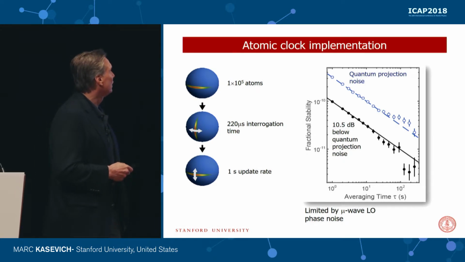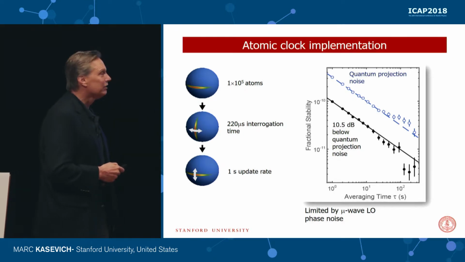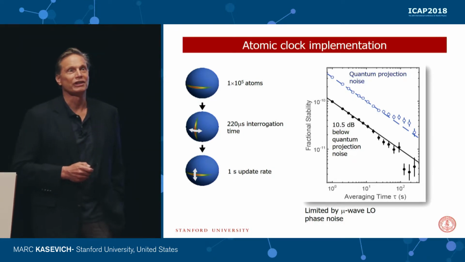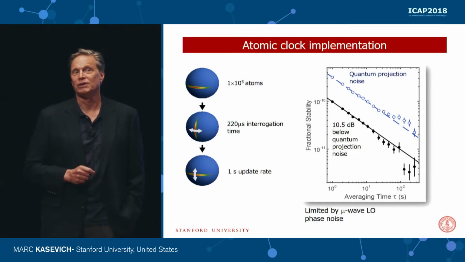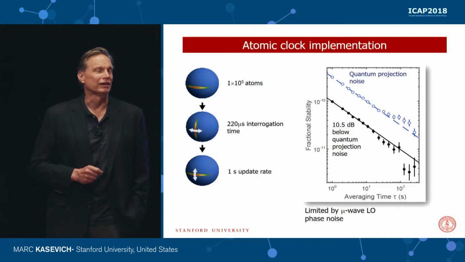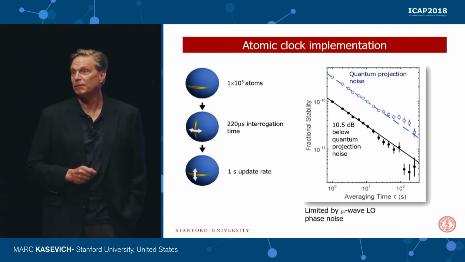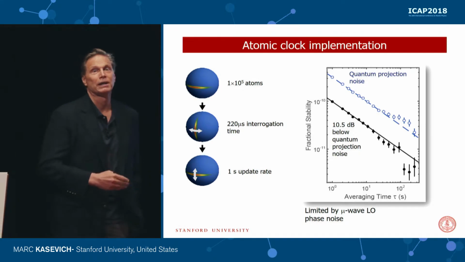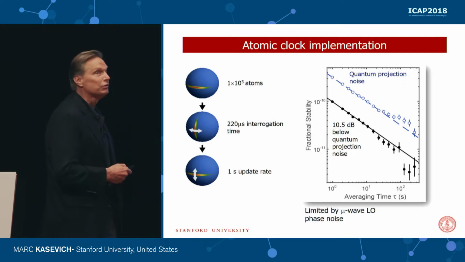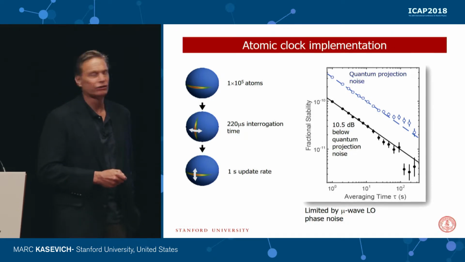And secondly, and probably crucially, any clock wants interrogation time to have high performance. That's the time between the two Ramsey excitation pulses. And in this proof of concept experiment, that time was just 200 microseconds. We would like to stretch that time out to as long intervals as possible in order to improve the fractional frequency stability of the oscillator.